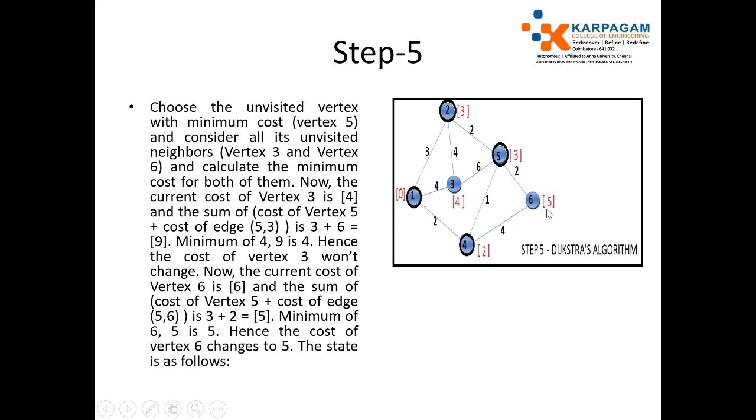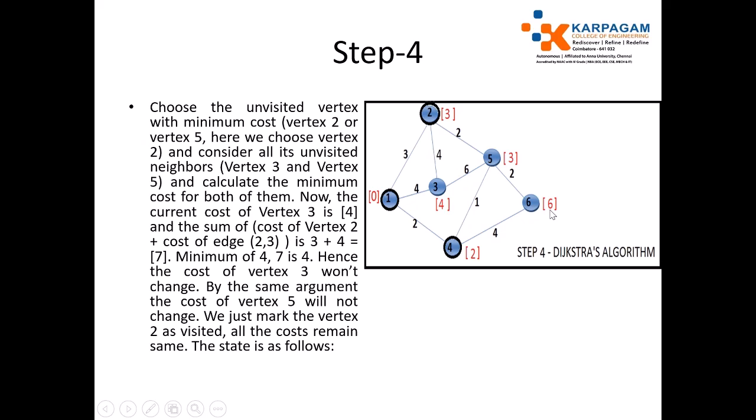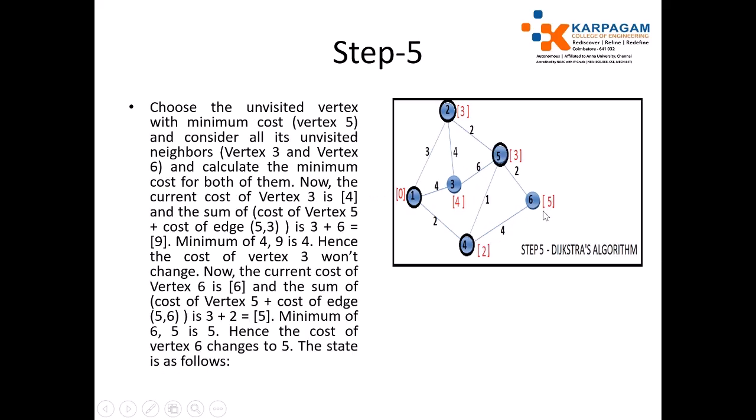When I explore 5, the cost of reaching 6 was already 6, and now it is changed to 5. Why? Via 1, 2, 4, 5 and 6, the cost is 5, so this weight has been updated. Hence the cost of the vertex changes to 5.